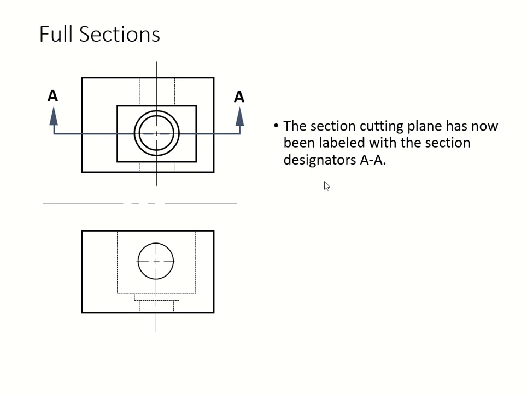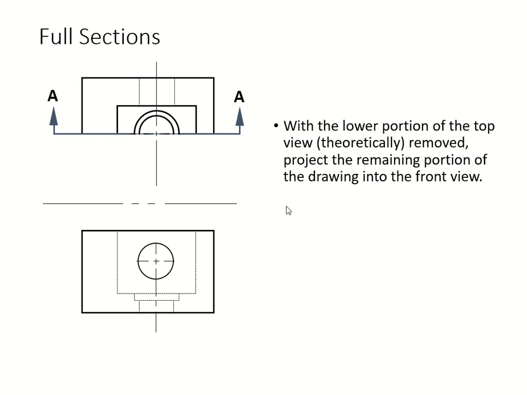Of course, in formal words, it's called your section designators. And so, done with that. The next step. So now we cut it down. We will temporarily remove the other part. Since this is your top, we're cutting down that way, all the way down.